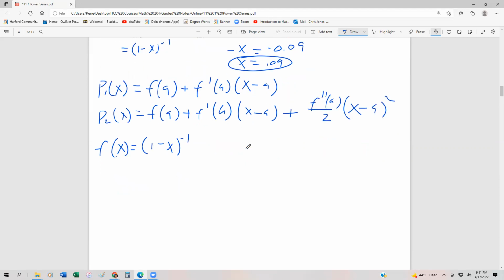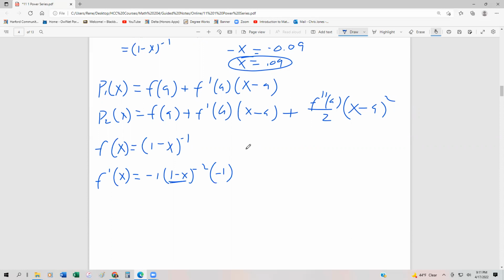If we go through and find our derivatives, f prime of x is going to be equal to negative 1, 1 minus x to the minus 2, and then we have a chain rule where we multiply by the derivative of the inside, which is negative 1.